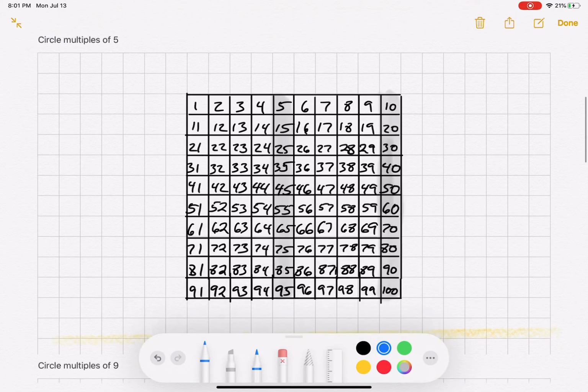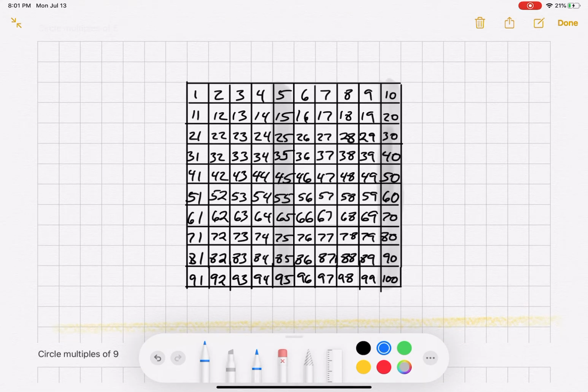Now we're going to have a look here. Multiples of 5. So let's skip count by 5 here. 5, 10, 15, 20, 25, 30, 35, 40, 45, 50, 55, 60, 65, 70, 75, 80, 85, 90, 95, and 100.